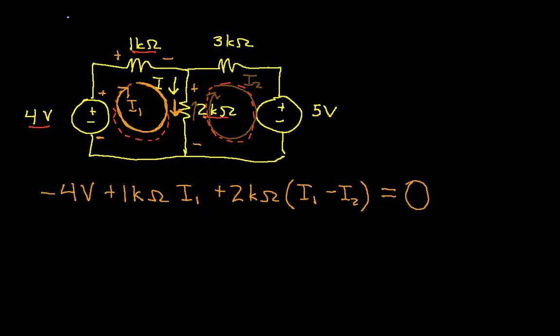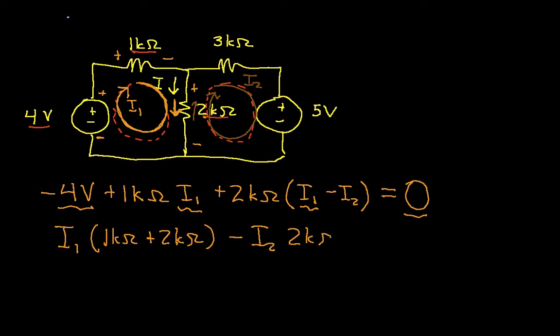And we can rearrange this a little bit. We can factor out an I1 and move the negative 4 volts over to this side. And we get I1 times (1K ohm plus 2K ohms) minus I2 times 2K ohms is equal to 4 volts.